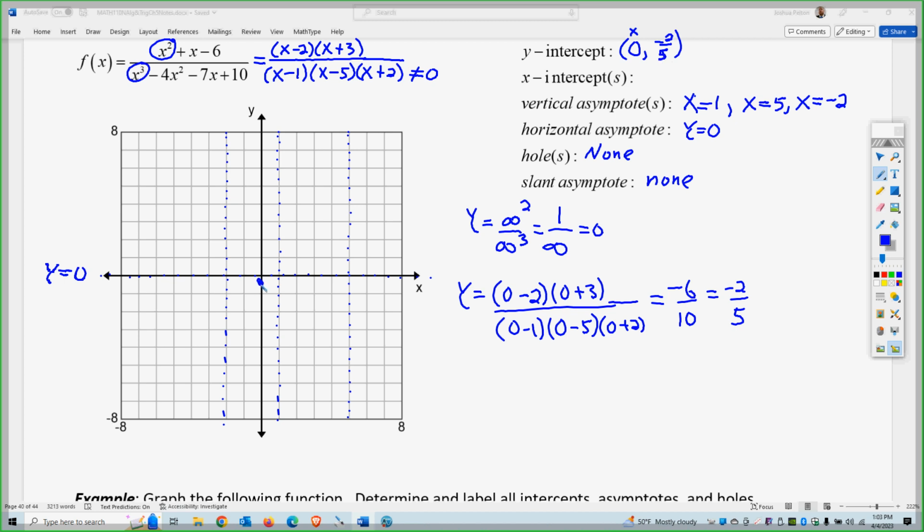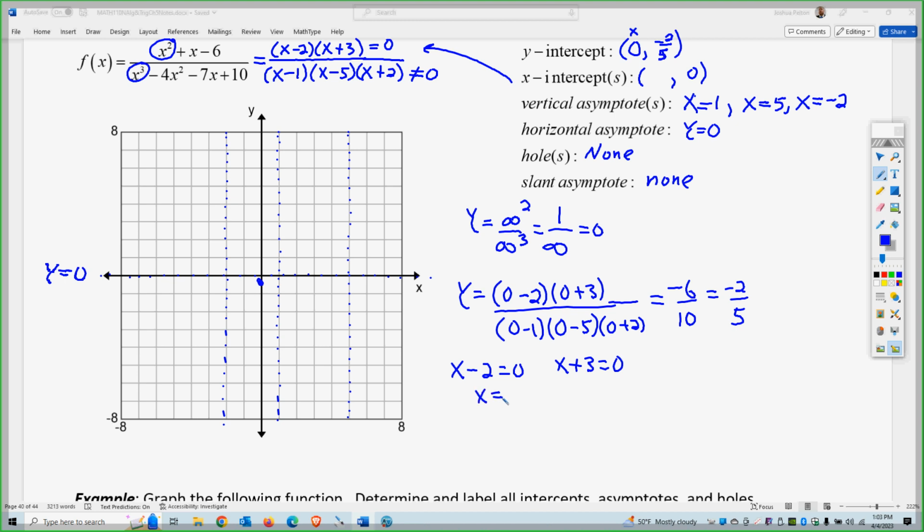Okay, so my x-intercepts happen when the top is equal to 0. Because if the top is equal to 0, the whole thing is equal to 0. At the end of the day, if you're an x-intercept, that means that y is equal to 0. So what we have is x minus 2 equal to 0, and x plus 3 equal to 0.